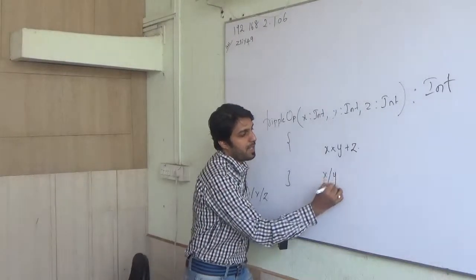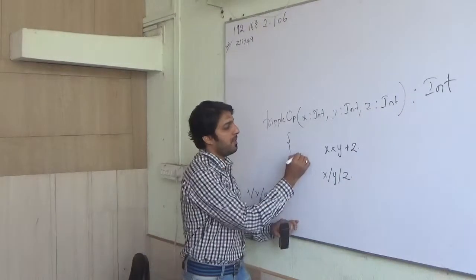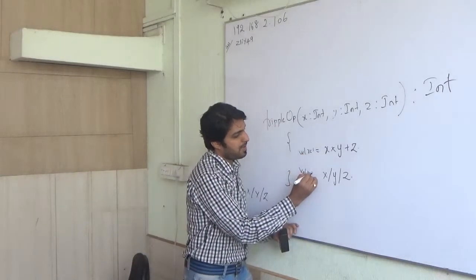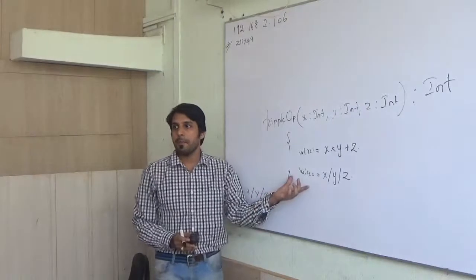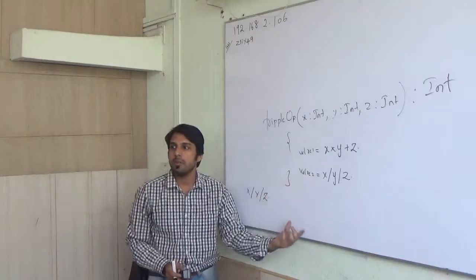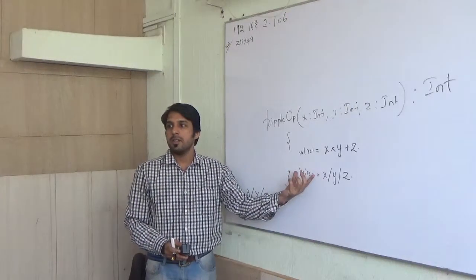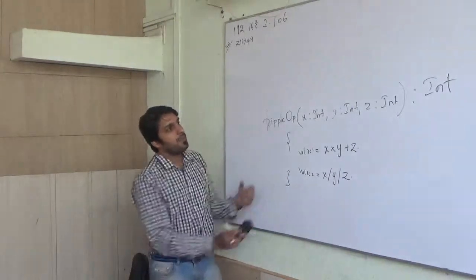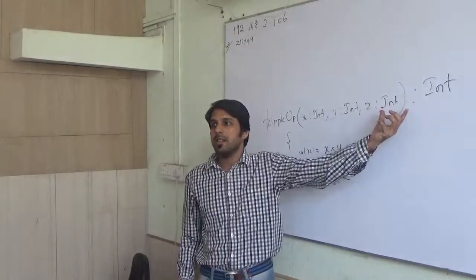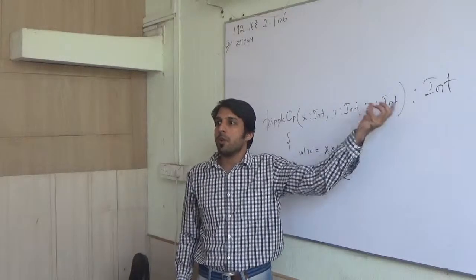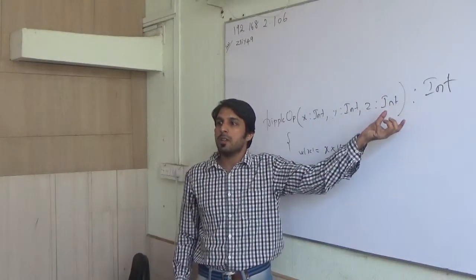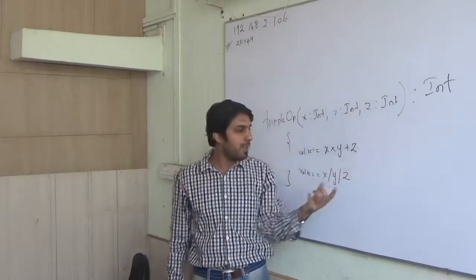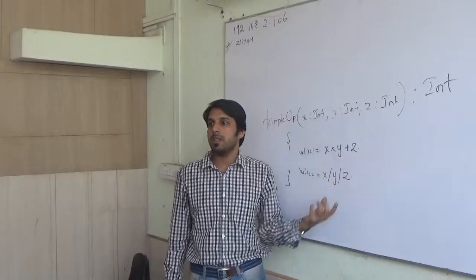X divided by y divided by z, val z1, val z2. So instead of coding multiple times for everything, you can directly pass that as a function. The definition itself will be whatever operation you want to make, call this function with the definition of the function. That function will be evaluated.